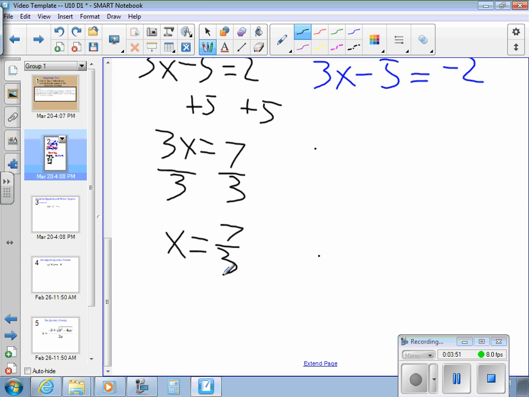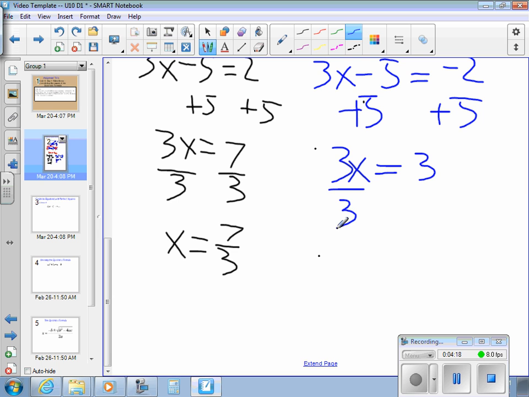Now, over here, same thing. I'm going to change colors here. I'm going to add 5 to both sides of the equal sign, leaving me with 3x equals 3.